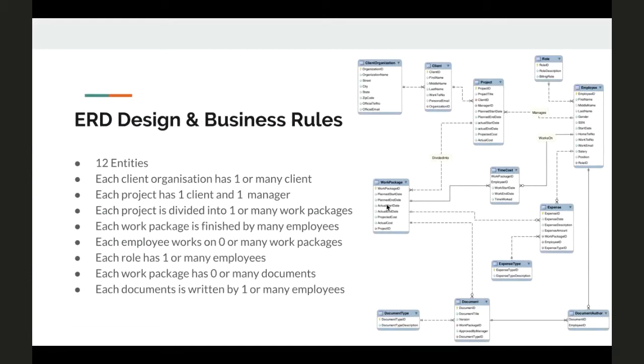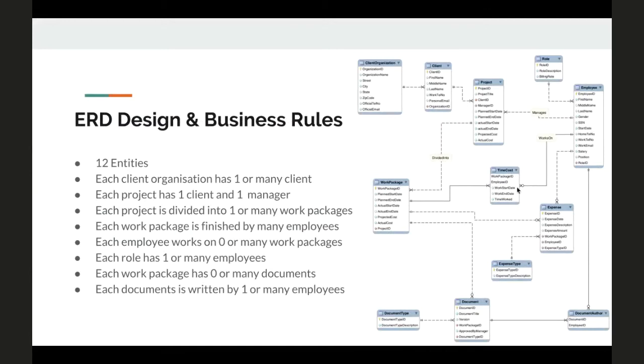The employee works directly on the work package, not the project. So here we use two associative entities to indicate the many-to-many relationship. The first is the time cost, and the second is the expense.